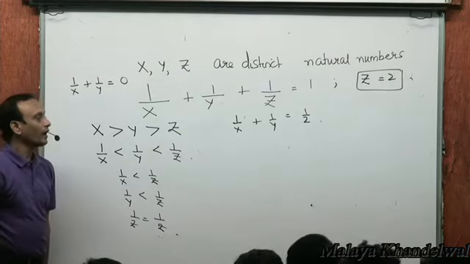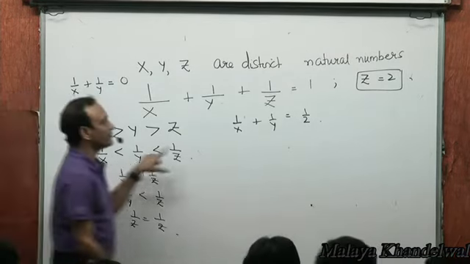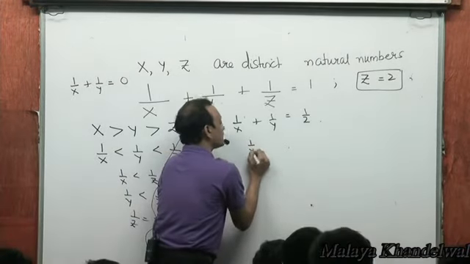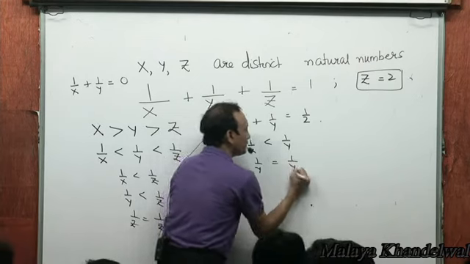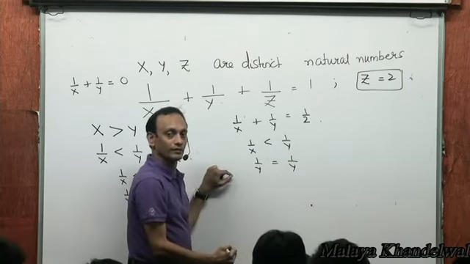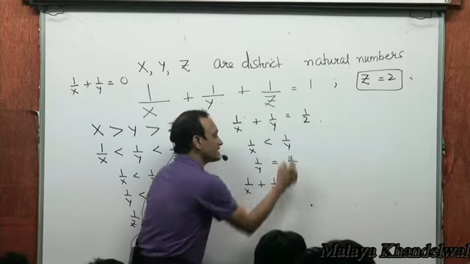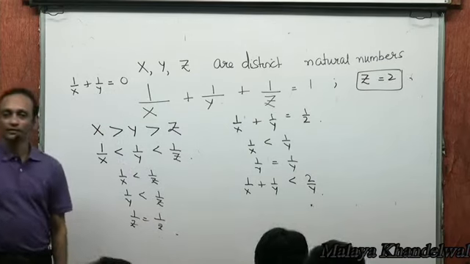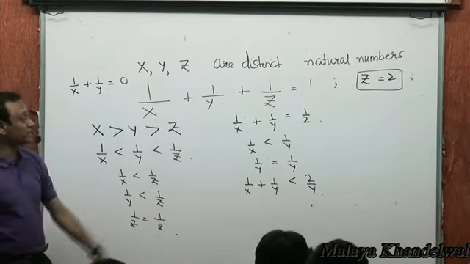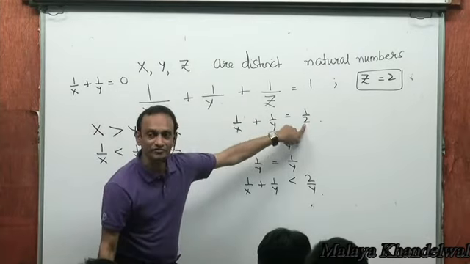Right? Now, 1 by X is less than 1 by Y, and 1 by Y is equal to 1 by Y. So 1 by X plus 1 by Y is less than 2 by Y. Yes or no? But 1 by X plus 1 by Y is half.